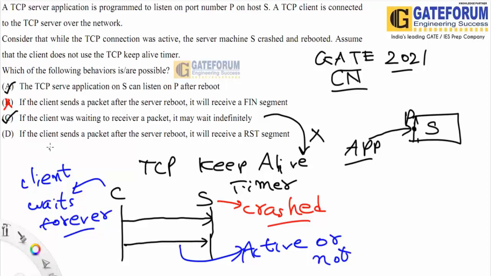The last option, D: if the client sends a packet after the server reboot, it will receive an RST segment.